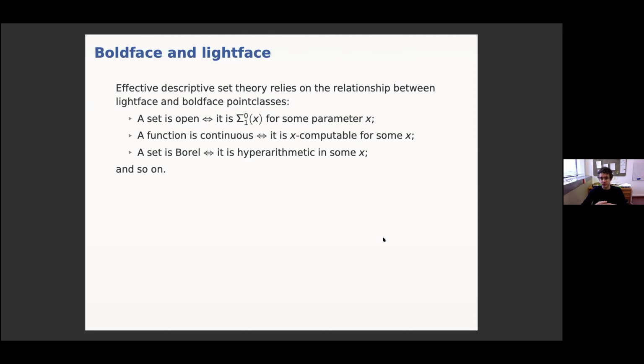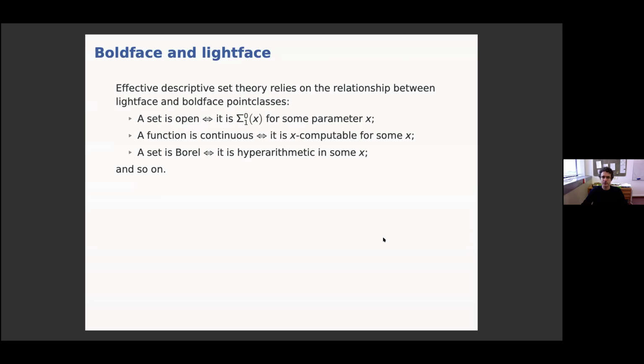A function, exactly the same way, is continuous if and only if it is computable relative to some oracle. That means that to compute a function, all I need is the Turing functionals that we know and love, but we might need an extra parameter there to compute, and that's what continuous functions are on Baire space.